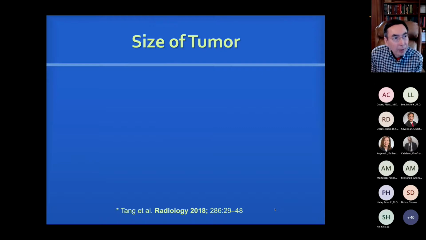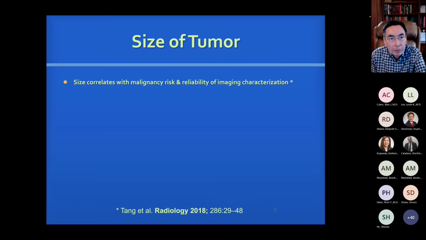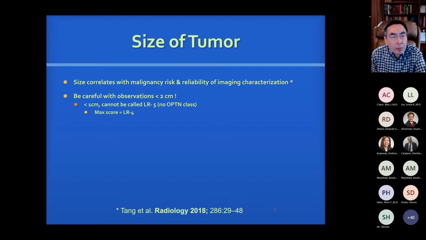So size is a very important thing when we use LI-RADS, and we have to be very mindful of the implications of our measurements. First of all, size correlates with malignancy, and also with the reliability of our imaging characterizations. So for observations less than 2 centimeters, keep in mind that if it's less than 1 centimeter, it can never be an LR5, and it will never get an OPTN class for MELD exception points.